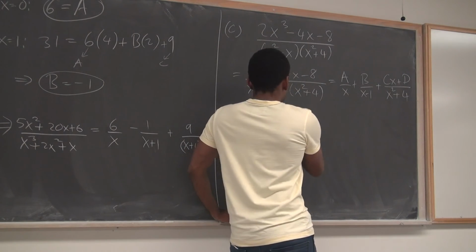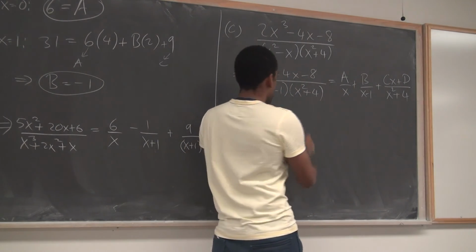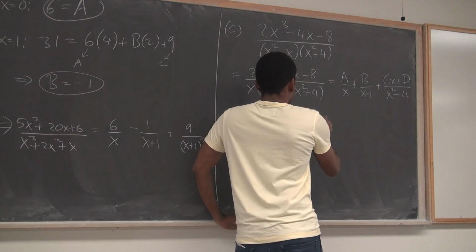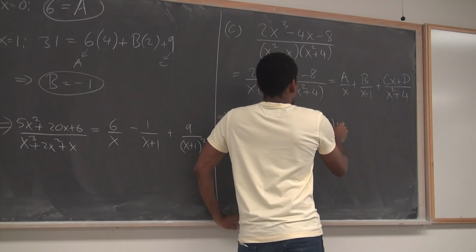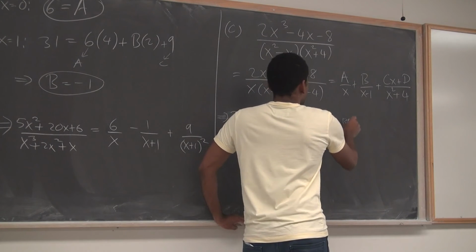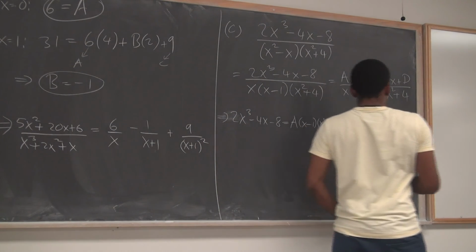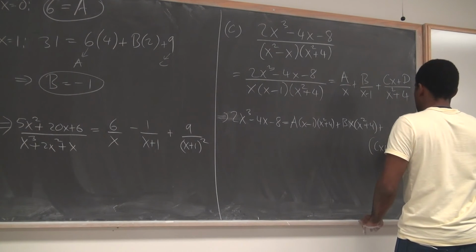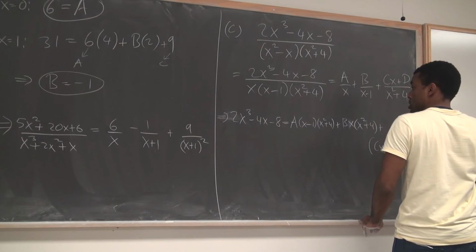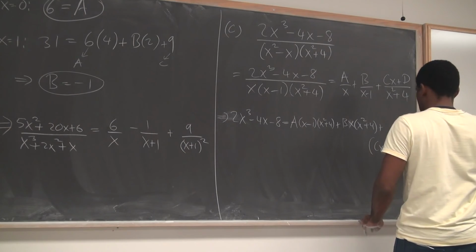Now, hopefully I have space for this. The x is going to cancel. I'm going to have a times x minus 1 times x squared plus 4, plus b times x squared plus 4, plus cx plus d times x minus 1.